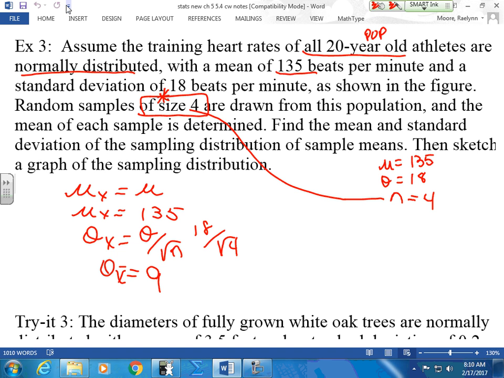What it did is this. It told us that your population was normally distributed. Here's my 135. Here's my plus 18, plus 18, plus 18. My mean is going to stay the exact same. But look, my standard deviation is going to be like half of this now. So my curve is going to go like this around the mean.